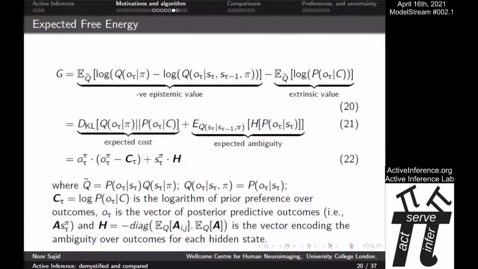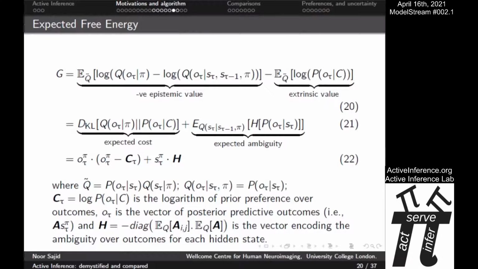For example, the visual cues that you might see if the room is properly lit up, in comparison to if it's quite dark, where you're not going to make out anything important. In addition, the agent would like to pursue policy-dependent outcomes that resemble its preferred outcomes, denoted by C here, and this is achieved when the KL divergence between the predicted and the preferred outcomes is minimized by a particular policy.